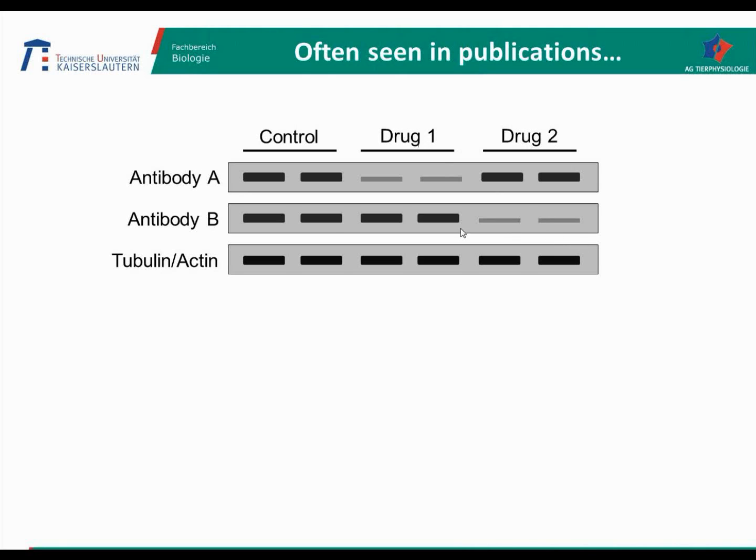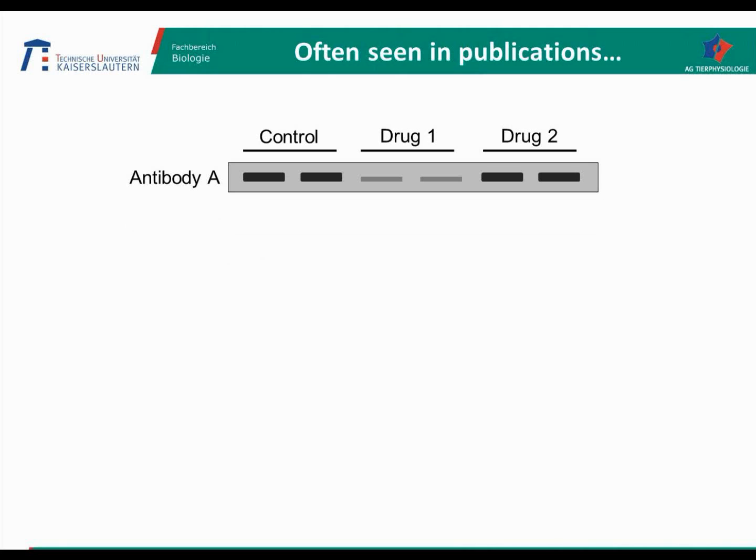What is often seen at the bottom panel in such figures is something like this: a housekeeping protein, generally tubulin or actin, and the aim is to have a loading control. Why is it important to use a loading control? Imagine this situation.